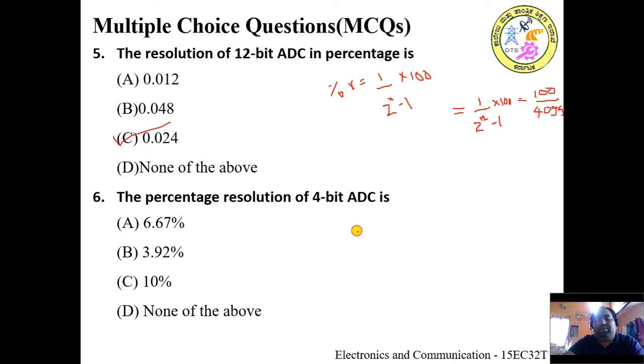Then the answer would be 1 over 2 to the power of 4 minus 1 into 100, which is 100 divided by 2 to the power of 4, which is 16. 16 minus 1 means 15. So 100 divided by 15, and the answer would be 6.67.